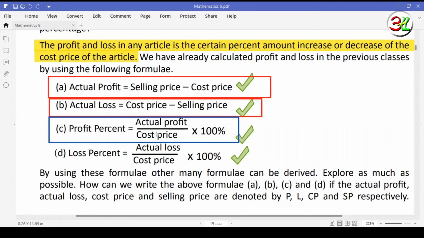How to calculate the percentage? The profit amount is divided by cost price. Why not selling price?